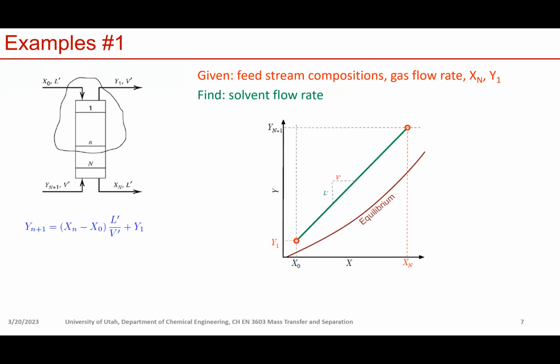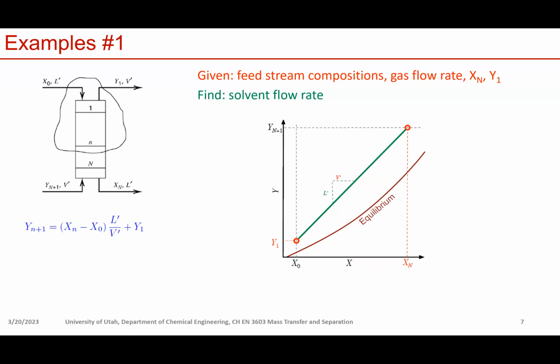Graphically, just put all the known information on the figure, then the answer will basically be obvious. We know the feed composition and y1, xn. So when we draw the operating line, we have this point given, x0, y1.